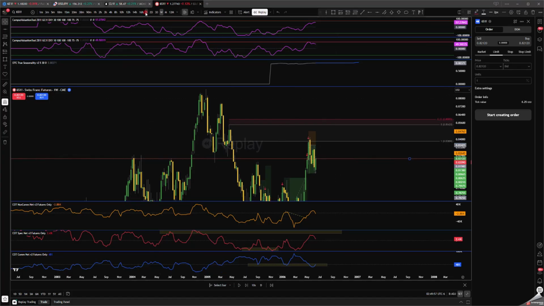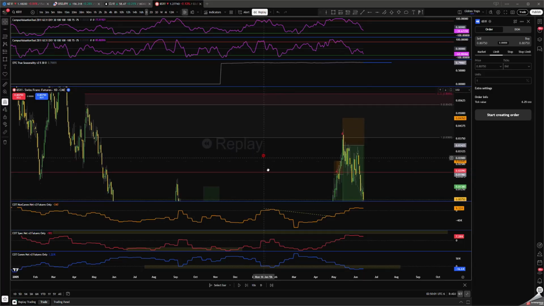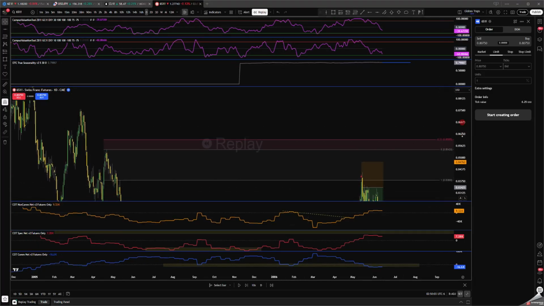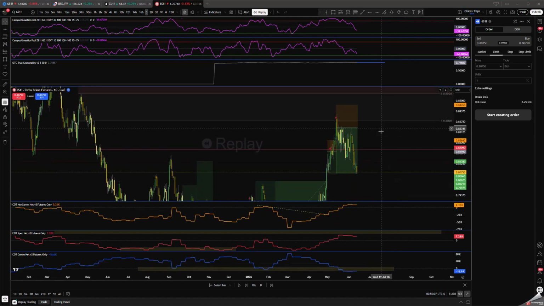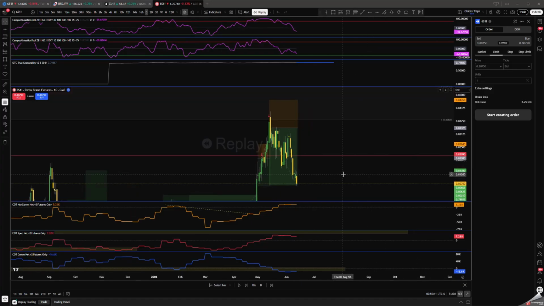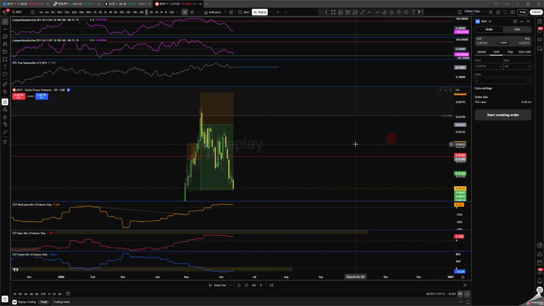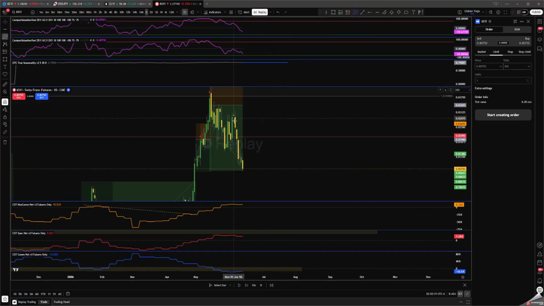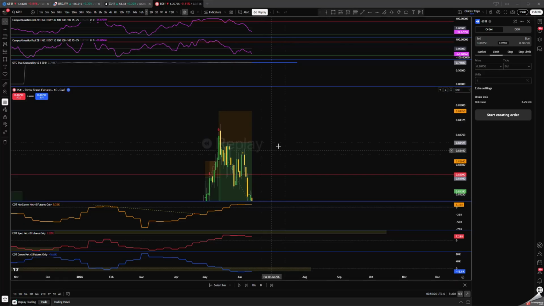And our next area of interest would be, I think we can try, since it gave a good reaction from this area, and there's a really good, I will remove this so we can see better.